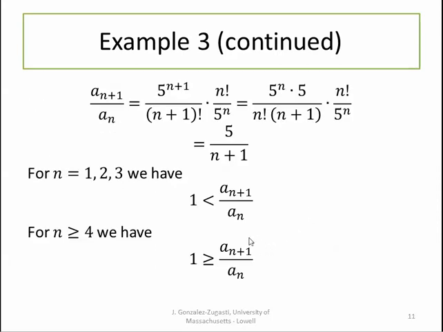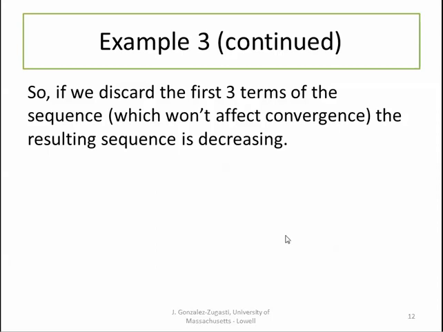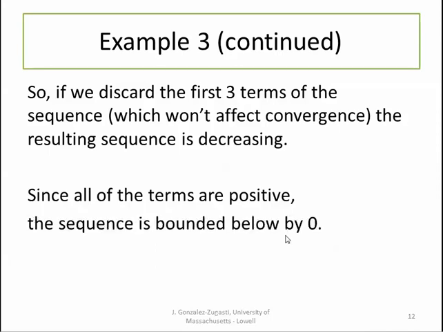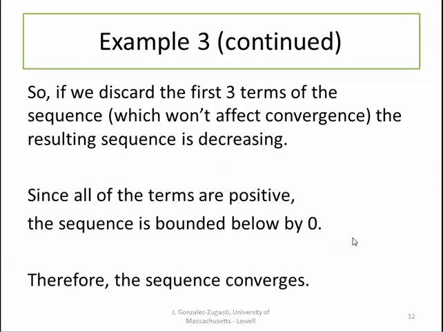We said that the ratio is less than 1. So since our sequence is decreasing, and since all the terms are positive, we know that our sequence is bounded below by 0. Our theorem tells us that this sequence converges.